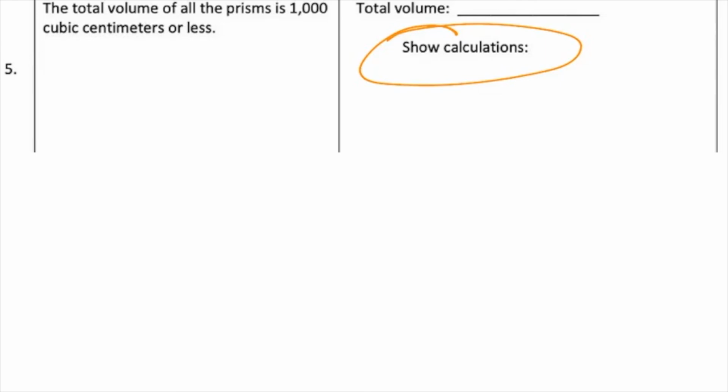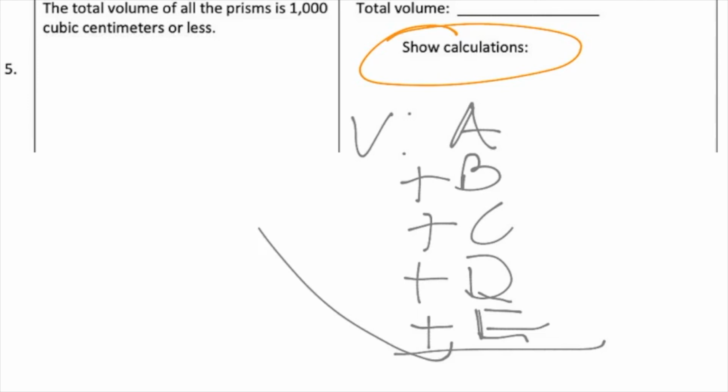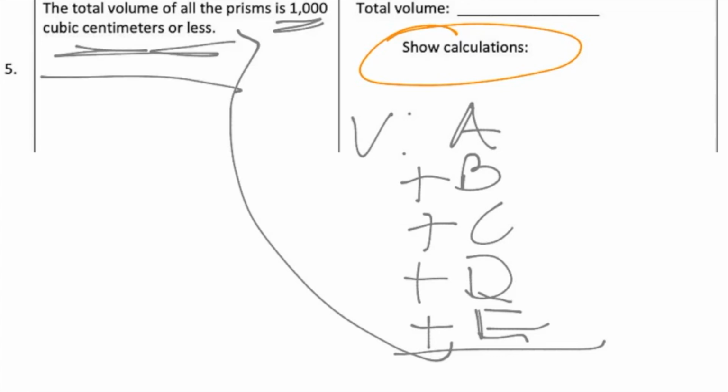We're going to take the volumes of prisms A, B, C, D, and E. You're adding them and making sure the volumes all equal 1,000 cubic centimeters or less.